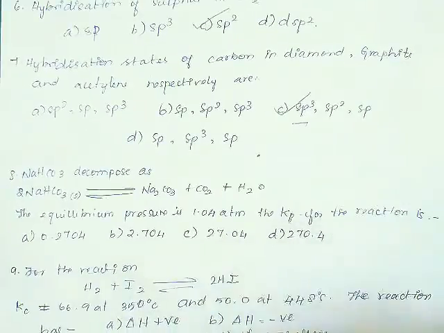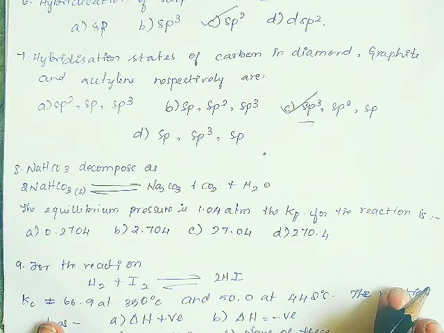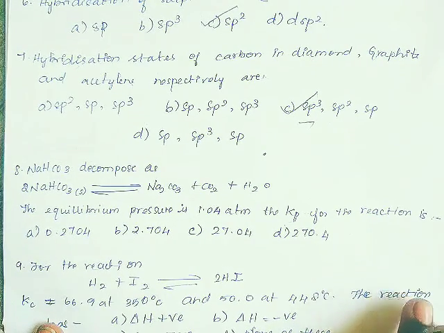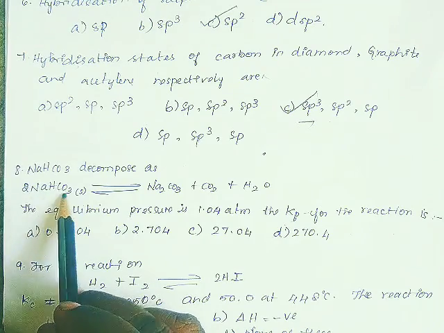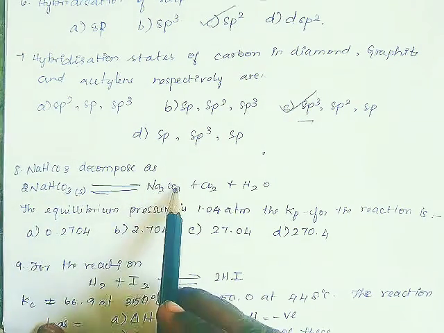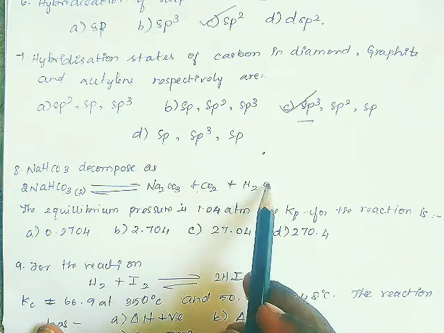Next, eighth question. NaHCO3 decomposes as 2NaHCO3 gives Na2CO3 plus CO2 plus H2O.